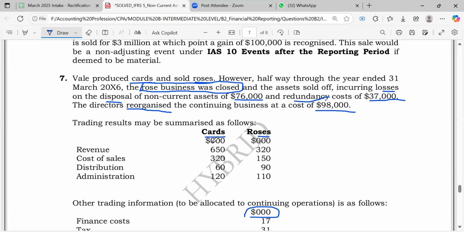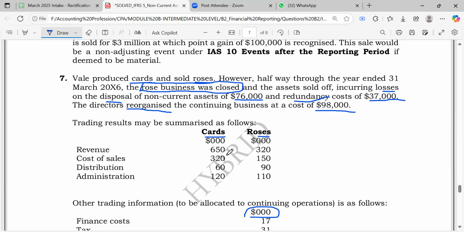Look, the revenue of roses is almost 50%, a half of cards. It's obviously a major line of business too, right? Or maybe it should be a part of a single coordinated plan, though they haven't mentioned it here. Or maybe it is a subsidiary purchased for the aim of resale, not mentioned.